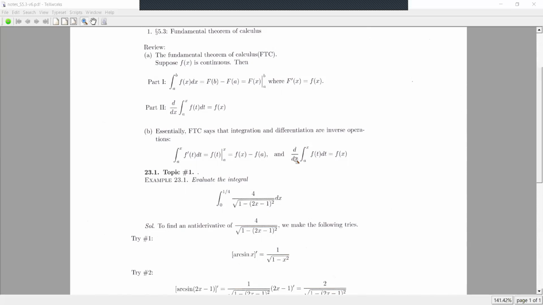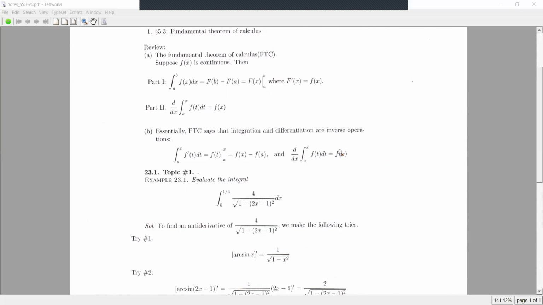Take the derivative. The derivative will cancel the integral and go back to the original function f. This is part two. So this is why I say that the fundamental theorem essentially says that integration and differentiation are inverse operations.